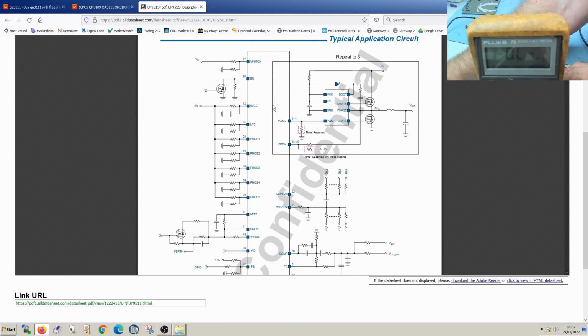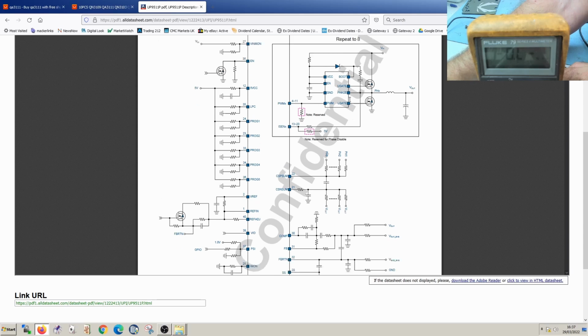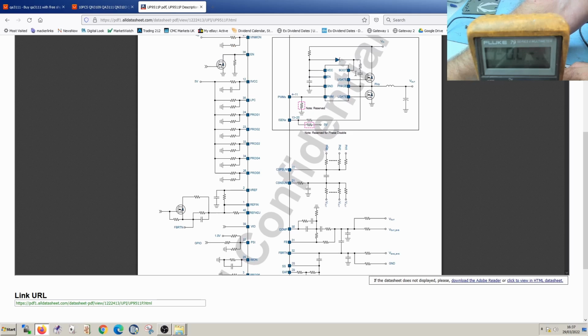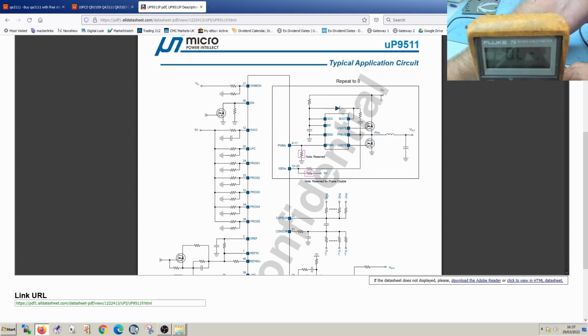It shows for each of the 1 to 8 channels, you have a pulse width modulation output and a current sense input, and then you have an external driver chip which drives MOSFETs, or quite possibly the MOSFETs are inside the driver chip, which is what we have, I'm sure. So each of these chips are actually drivers, and the MOSFETs are going to be inside them because they're not separate, and this is where we have a short.